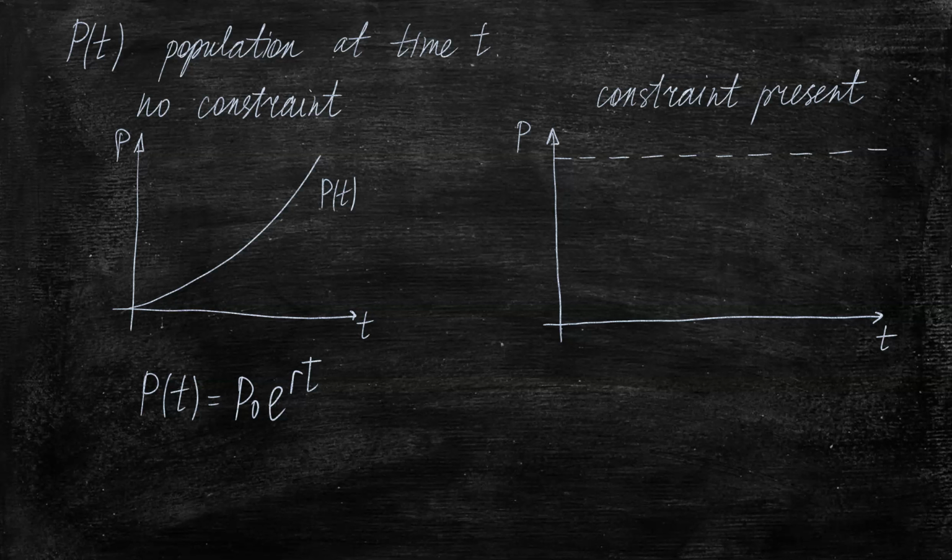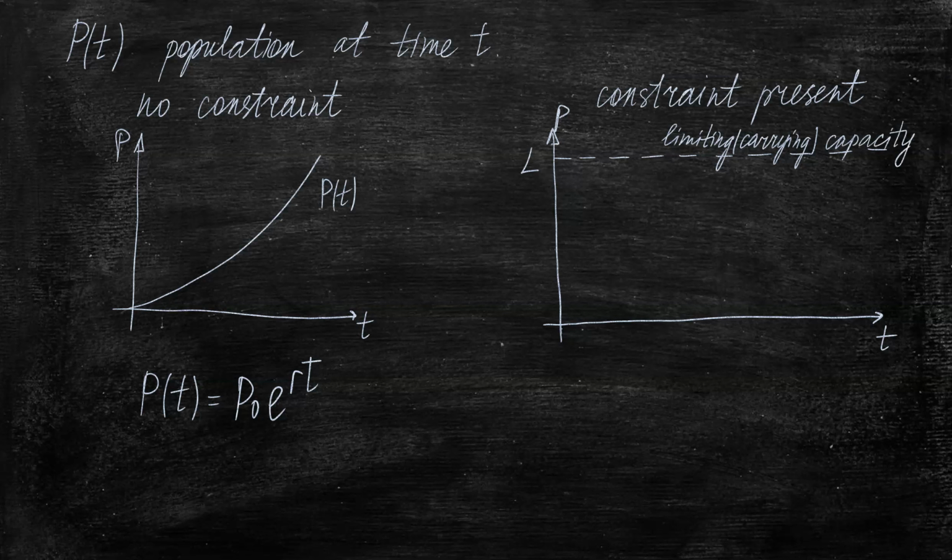So this upper boundary, which we can set at L, so L stands for the limit, is called the limiting or carrying capacity.